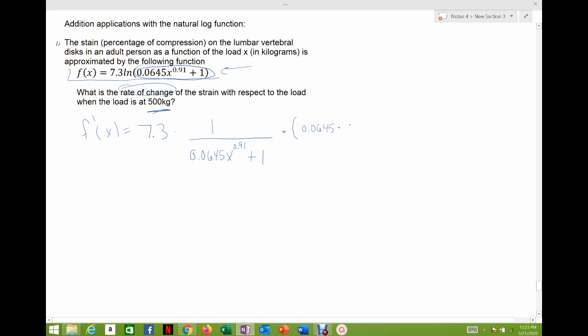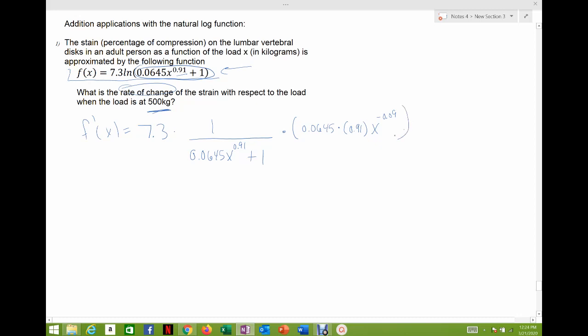With my power rule, I pull out that power, 0.91, and multiply by it. So it's the decimal out front times the 0.91, x raised to the degree where I subtract 1. So I'm going to take the 0.91 minus 1, and that's going to come out negative 0.09. Then 1 is a constant, so it zeroes away, and so that's it.